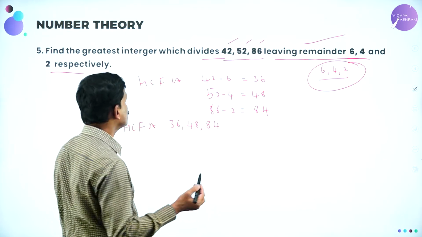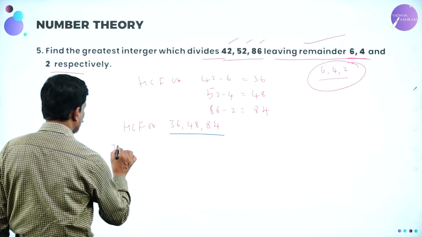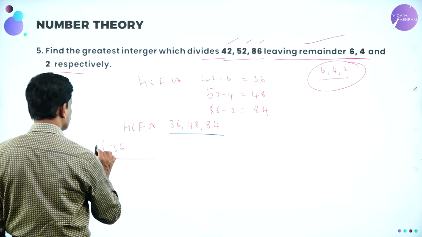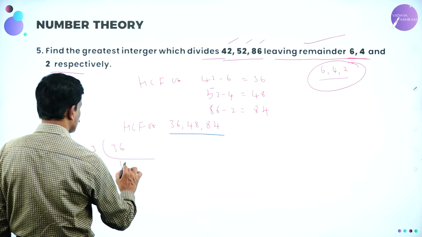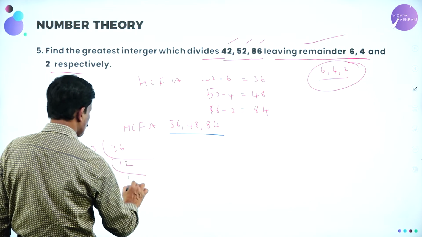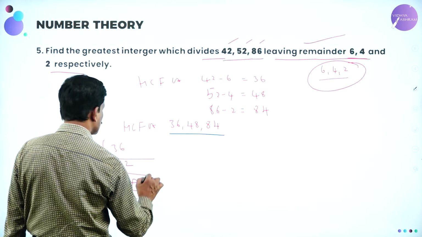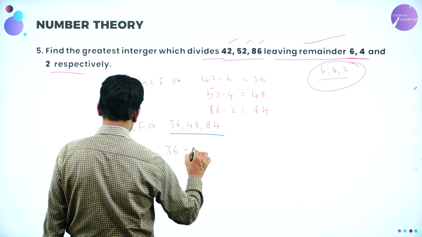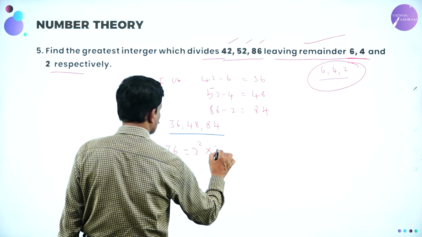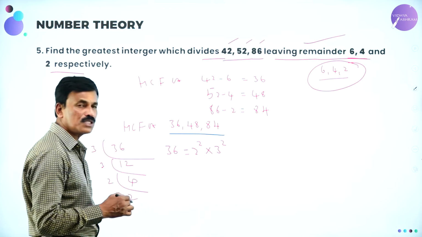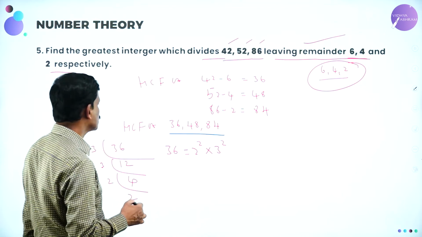Just by the factorization method we can find the factors. For 36: 3 1s are 3, 3 2s are 6, 3 4s are 12, 2 2s are 4. So 36 can be written as 2 square into 3 square. 3 square is 9, 2 square is 4, 9 4s are 36.